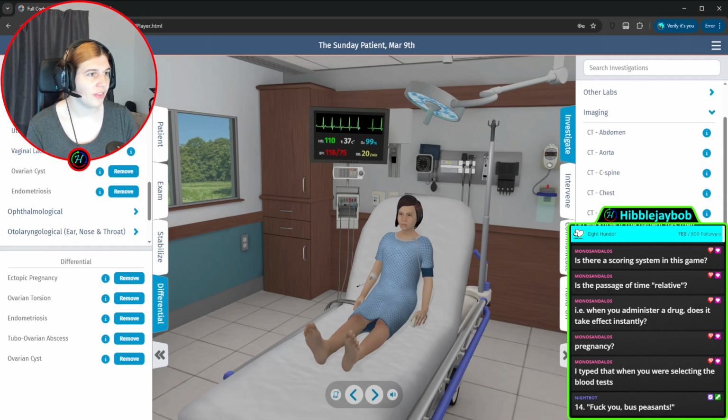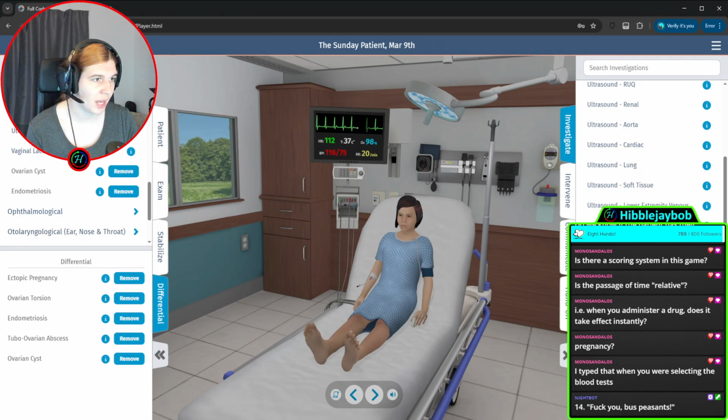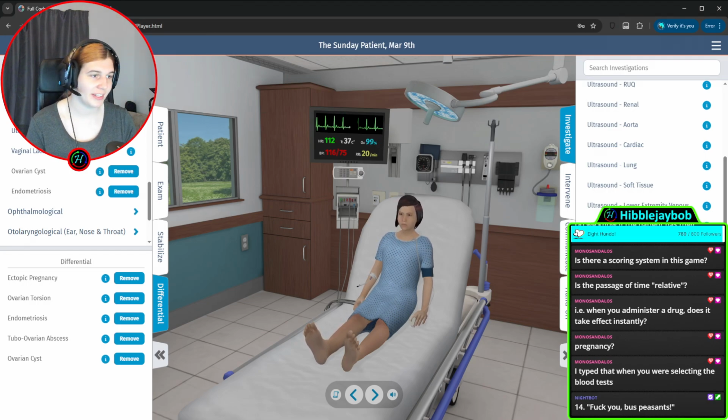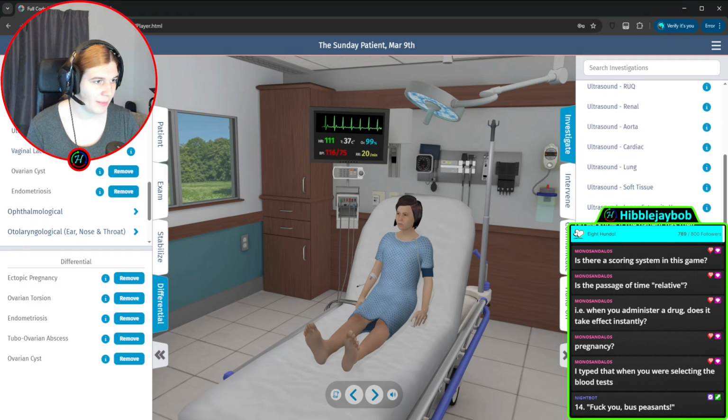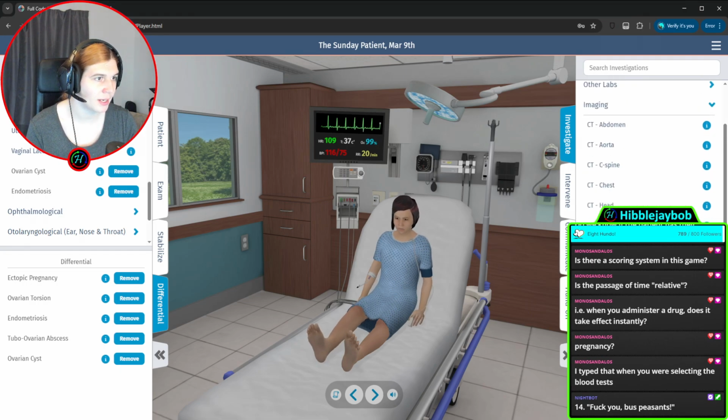Is there anything else that we can do? So, I don't care about sugars, I don't care about ECG. In theory, I could because our heart rate is tachy, but I don't think our presentation is... we've got a confirmed infection, and our numbers are in keeping with an infection. So this isn't cardiac, so I'm quite happy with that one.